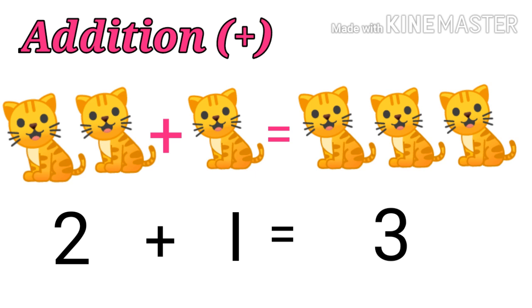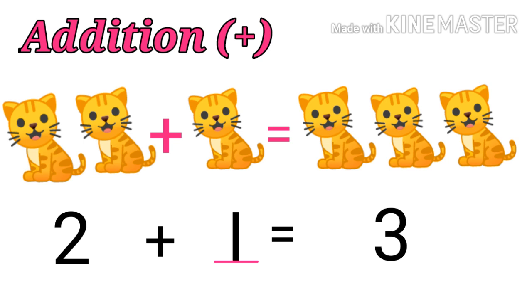Let's revise. We have 2 groups of cats. In the first group, 2 cats are there. Count with me. 1, 2. In the first group, 2 cats are there. Number 2. Now let's count the second group. In the second group, only 1 cat is there. So we will write only 1. Number 1.